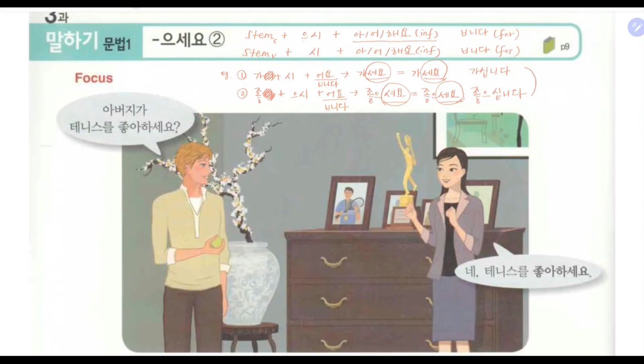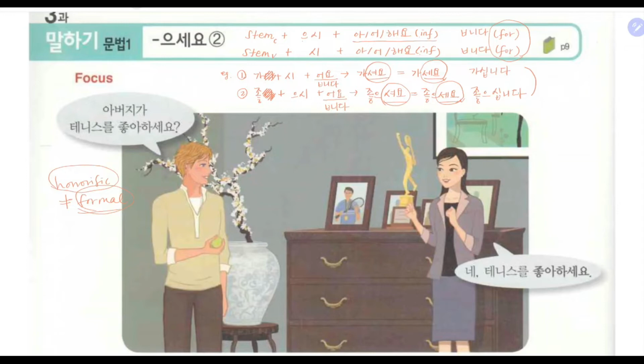I also have to emphasize that honorific form is not formal ending. Formal ending makes it formal. It doesn't make it any more polite. If you want to be polite, if you want to show your respect, you need to use honorific form, okay? So a formal sentence ending you use in a formal setting. For example, during an interview to talk to the CEO of your company, a formal setting.